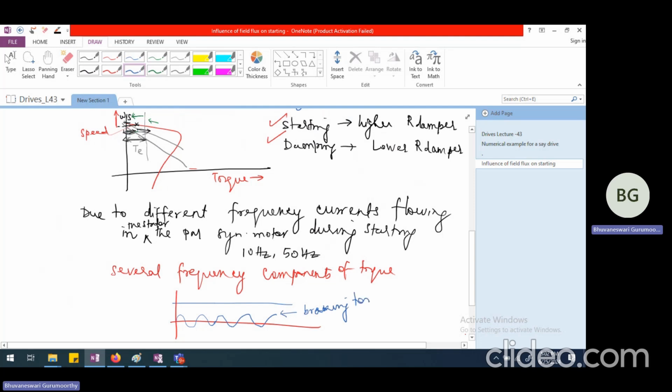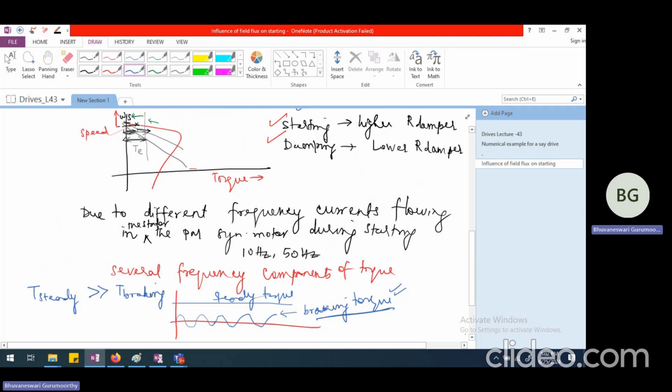So the performance of a permanent magnet synchronous motor during starting should be such that the braking torque is much smaller than the steady torque we get as the starting torque. So the steady torque, T steady, has to be much, much higher than T braking.